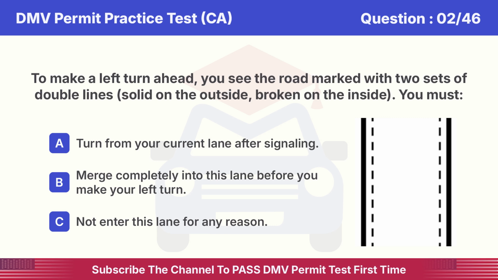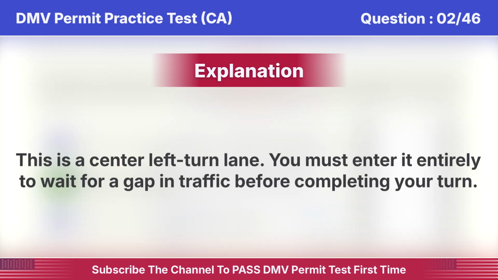C, not enter this lane for any reason. Answer is B, merge completely into this lane before you make your left turn. This is a center left turn lane. You must enter it entirely to wait for a gap in traffic before completing your turn.